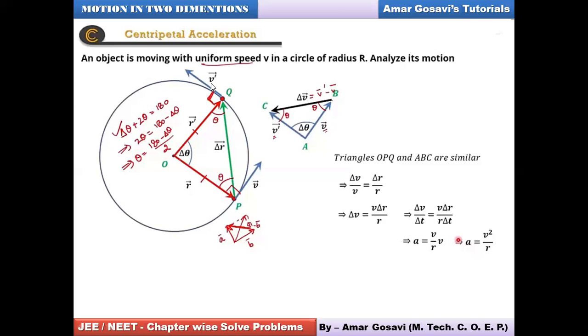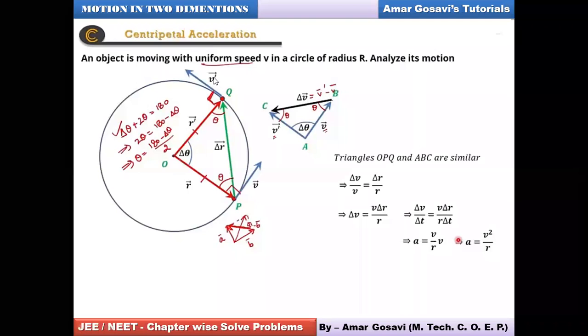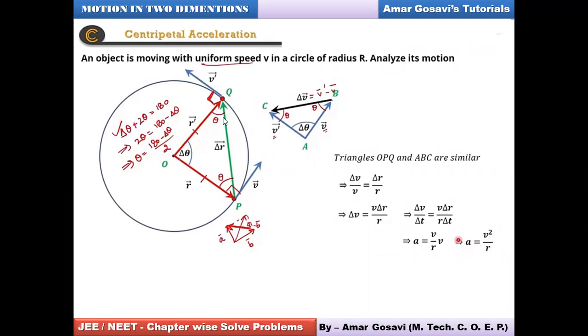So the new velocity is V dash over here because the direction has changed. Magnitude may remain same. The direction has changed. So V dash bar. Now I will be drawing one more triangle, a vector triangle, which will represent V bar and V dash and the change in velocity.